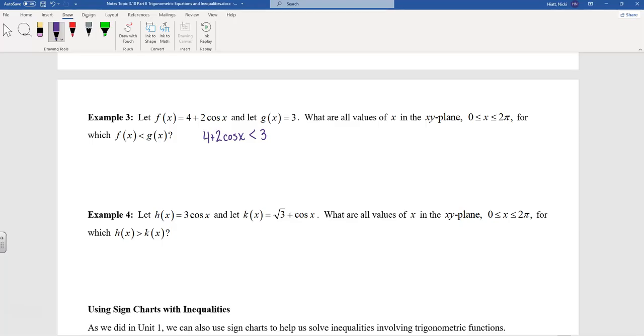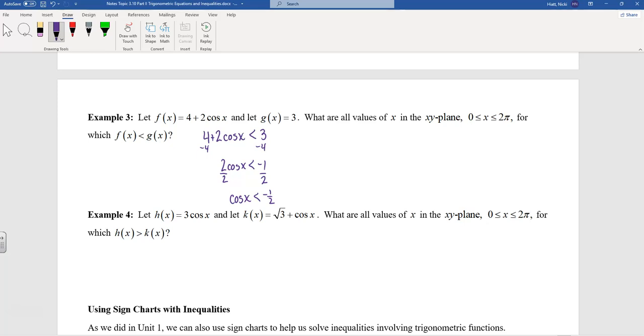Braden, what would I do first to solve this? Good. So I got 2 cosine x is less than -1. Delilah, what would I do next? Very good. So I got cosine x is less than -1/2.